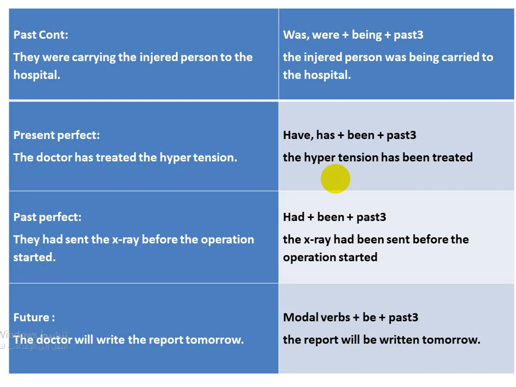Hypertension means high blood pressure. Hyper means high. Okay? So the sentence is: the doctor has treated.